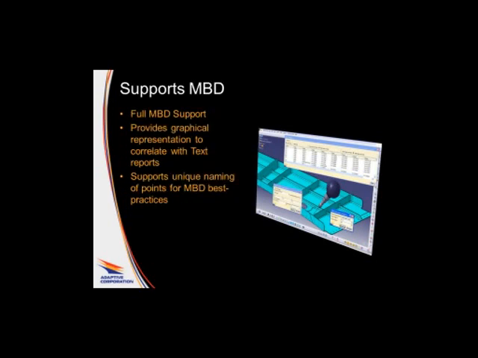Slide. Supports MBD. One of the big problems with IGES and STEP is we're losing some of the information that an OEM may have had in the native CATIA model. What I mean by that is it's called FTNA, Functional Tolerance Annotation.